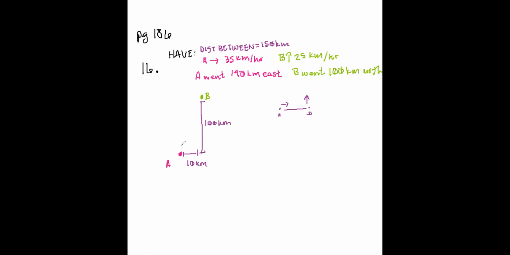So the distance between these two ships is just going to be the hypotenuse of this triangle. I'm not sure if we need this information, but I'm going to find it out anyway, just in case we do. It's going to be the square root of 10 squared plus 100 squared.